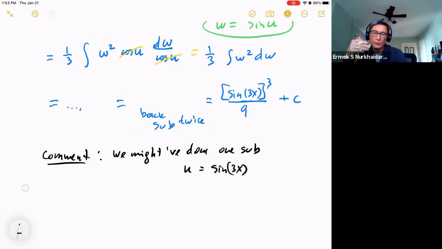So if you see one big substitution which works, it works. But I'll suggest do simpler versions, do easy substitutions. Yeah, u equals 3x. And then proceed with what you have to do. Okay.